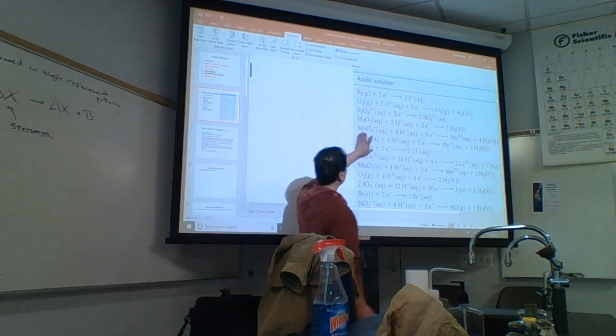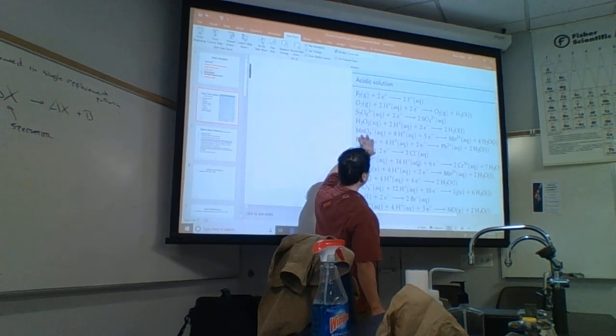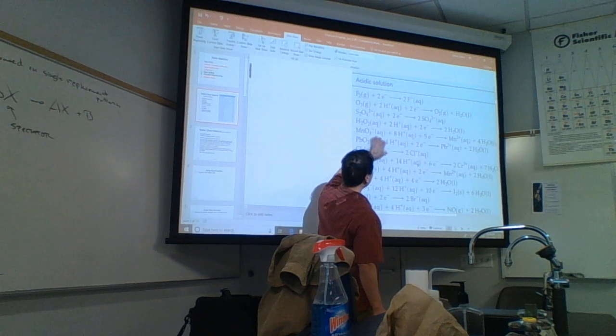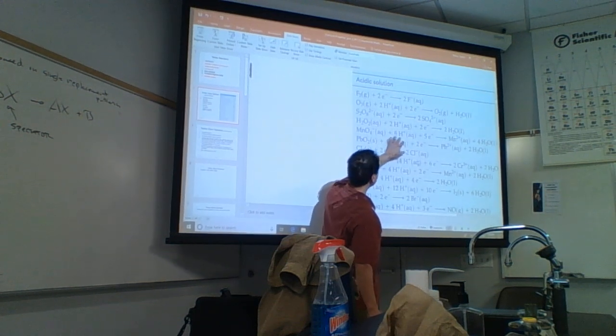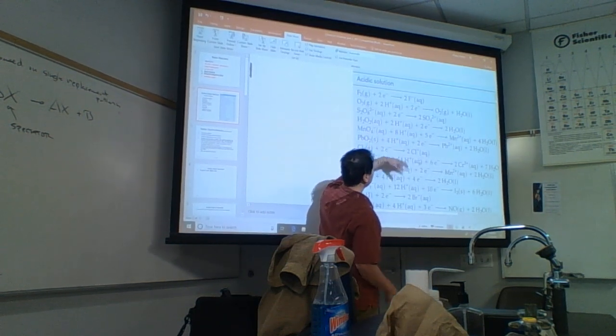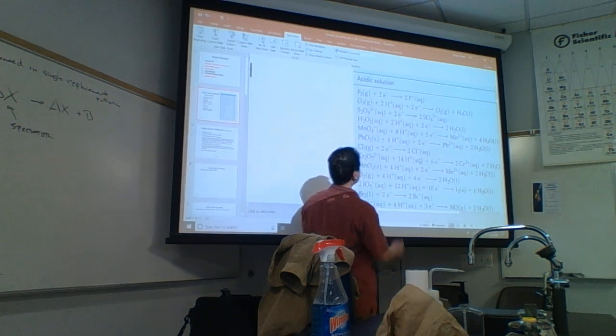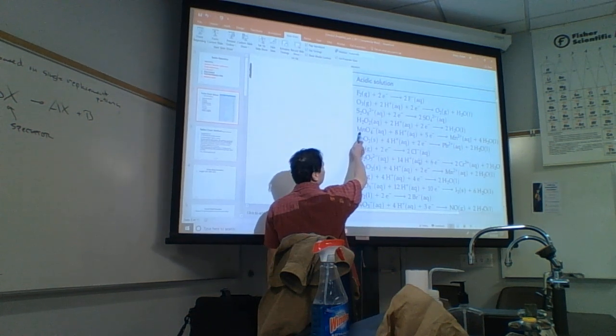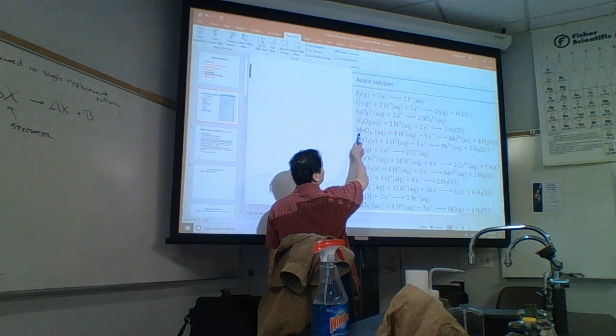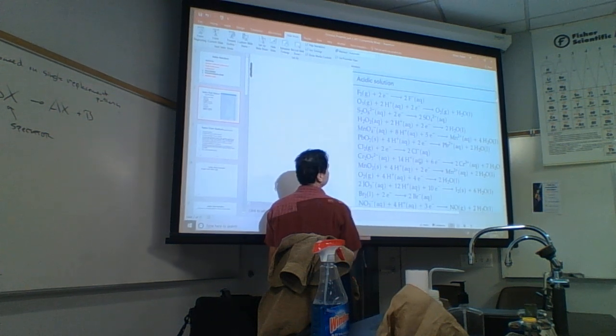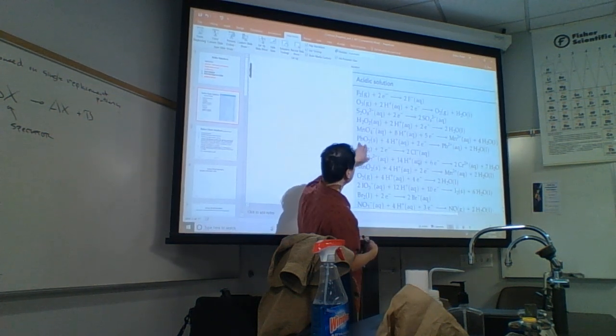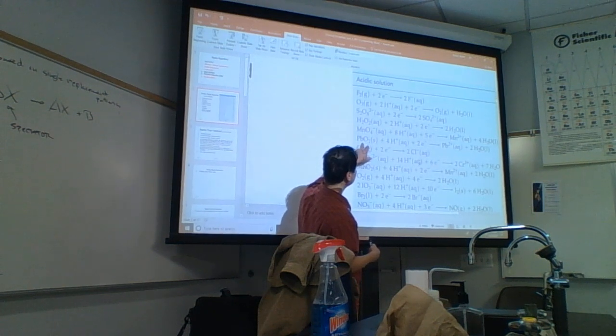What's the name of this? Permanganate. And if you have this as an H+ with the permanganate, it makes permanganic acid. So this would be an oxidizing acid. What's the oxidation state on manganese here? +7. And then this is lead in the +4, so this is a pretty good oxidizer.